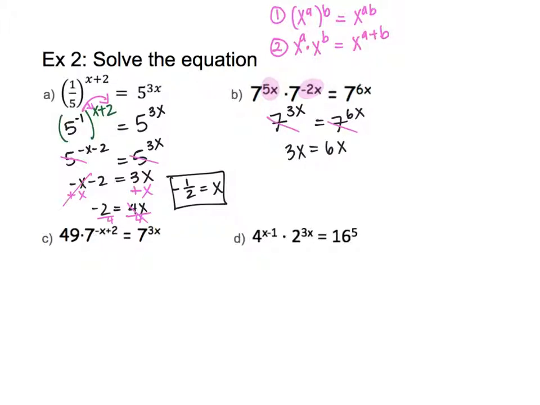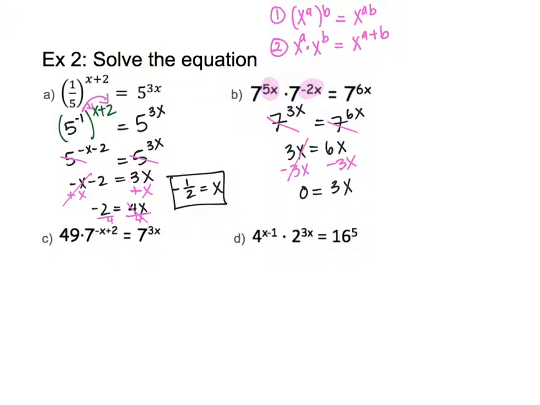Okay, you want to make sure you try to get all the x's on one side. So here's what I'm going to do. I'm going to subtract 3x from both sides. So that cancels. If everything on the left-hand side cancels, that means I just have 0 left on the left-hand side. And on the right-hand side, 6x minus 3x is going to give me 3x.